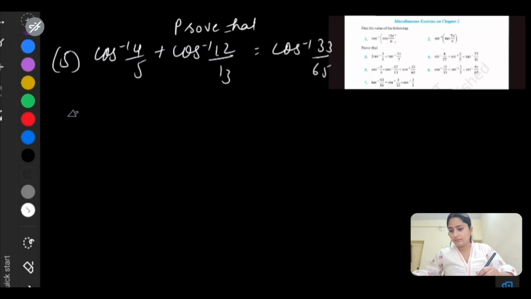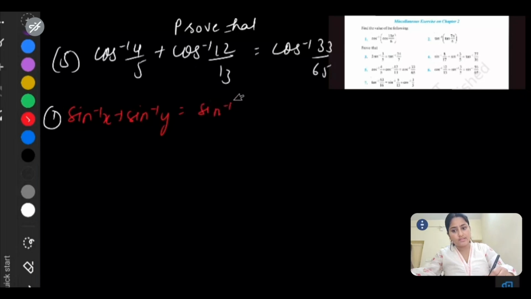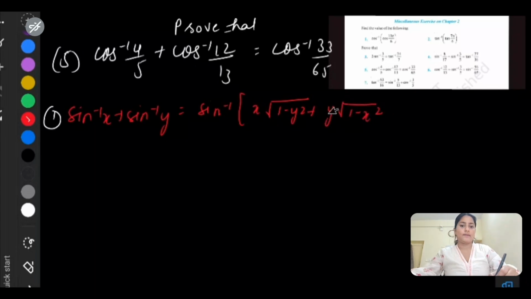Let me put it in the red bracket. So, first formula. If sine inverse of x plus sine inverse of y is given, we can directly solve it as sine inverse of x under root of 1 minus y square plus y under root of 1 minus x square.